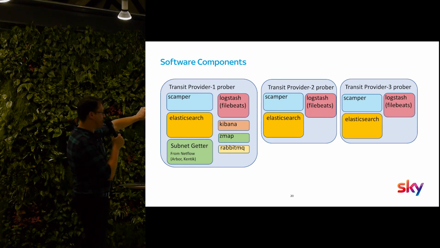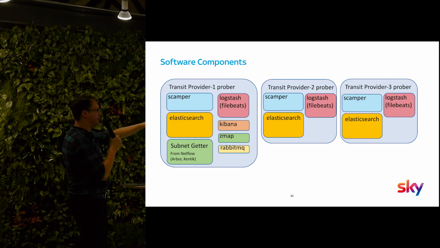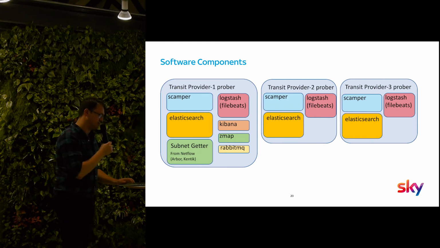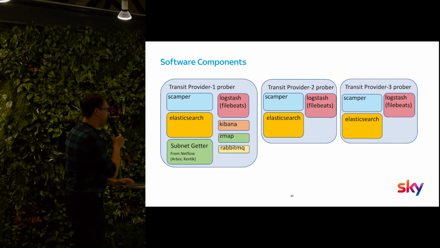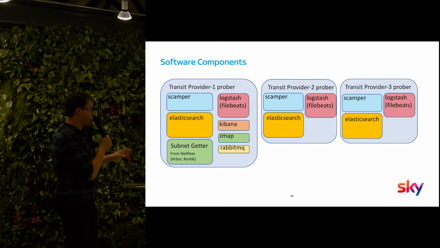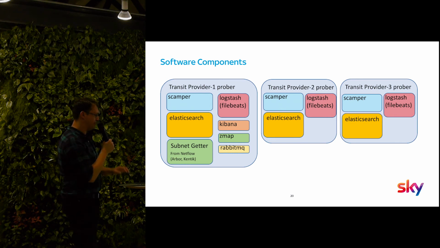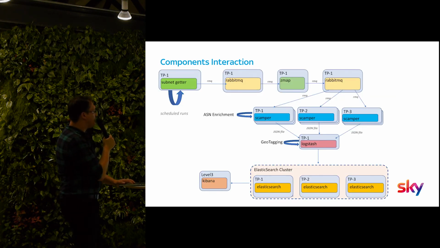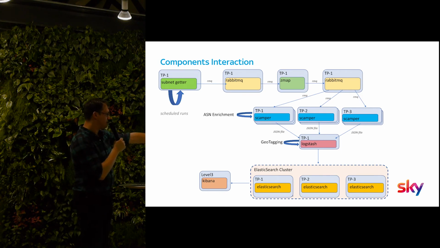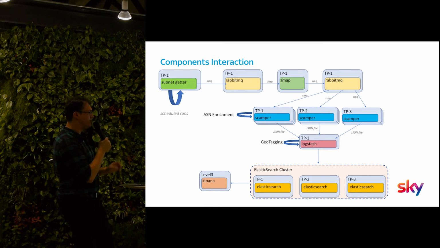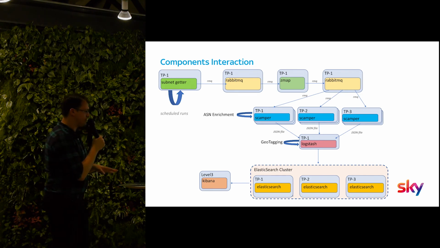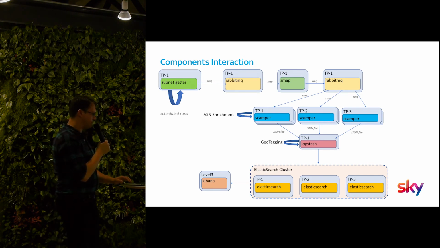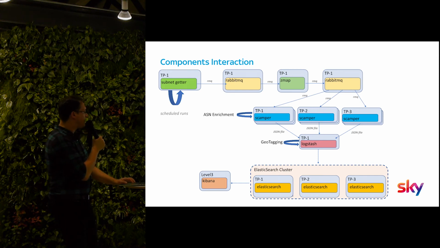Just make sure that you have at least 3 Scampers: if you have 3 transit providers here, then you need 3 Scamper instances, just to make sure that they're getting measurements. But all other components can stay anywhere else. The Elasticsearch cluster is just like you see here: 3 hosts are creating one big Elasticsearch cluster, which performs better, obviously, because it's scaling.